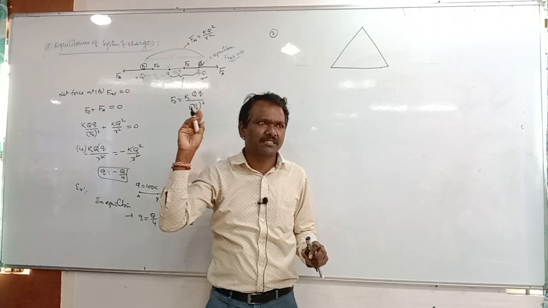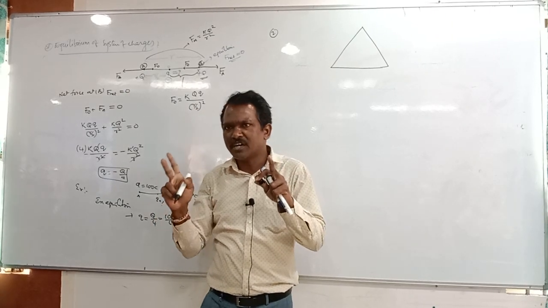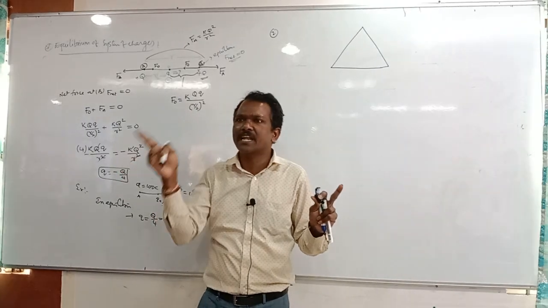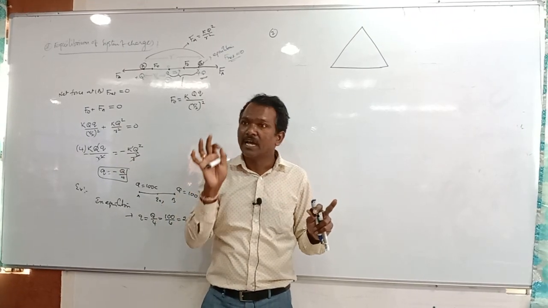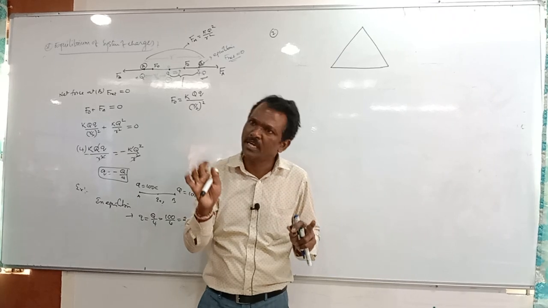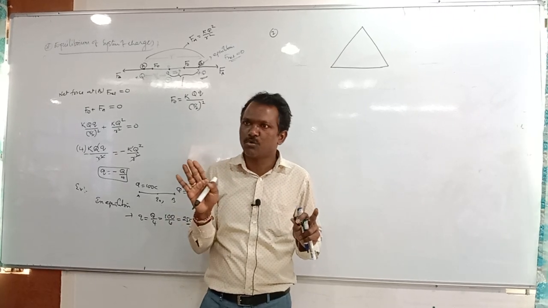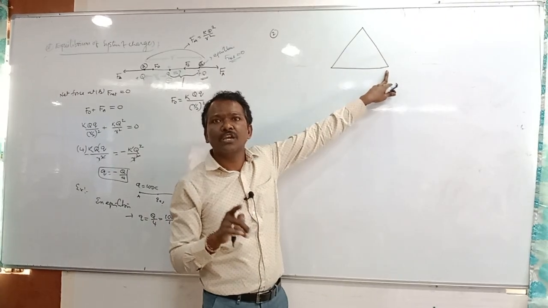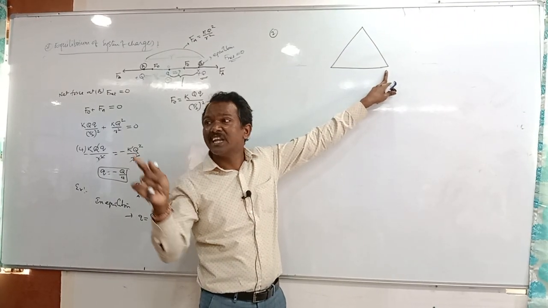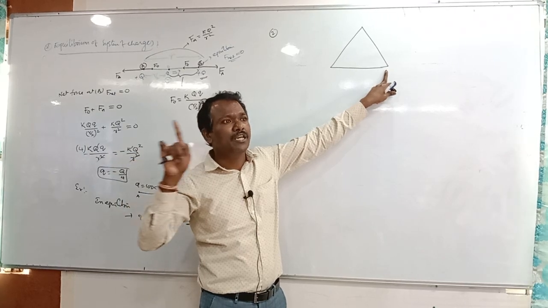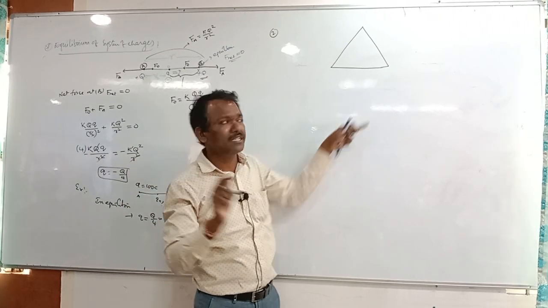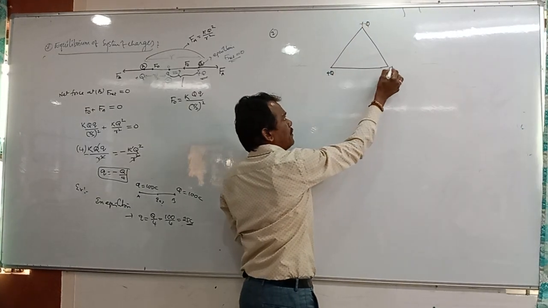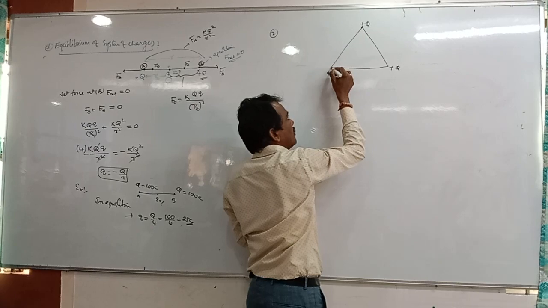So whatever the case, either two charges, three charges, four or any number of charges taken at equal distances, at the center we have to keep the negative charge. Unlike charge we have to keep. To find out the amount, the total force on any one of the charges is equal to 0, right? Plus Q charge, three charges we took, right?